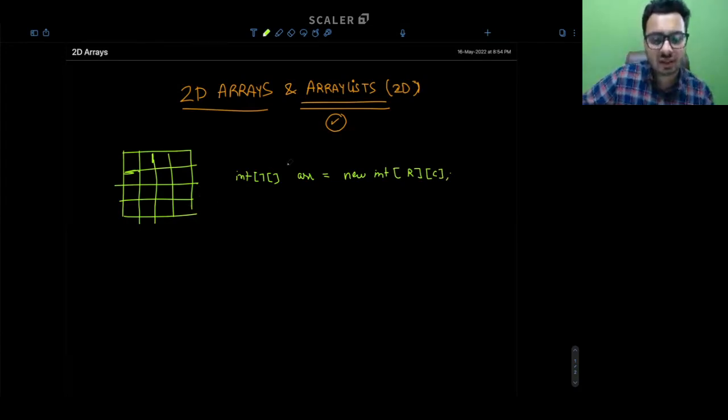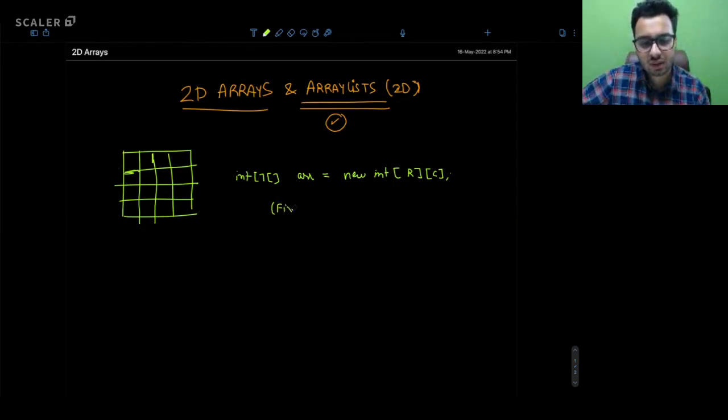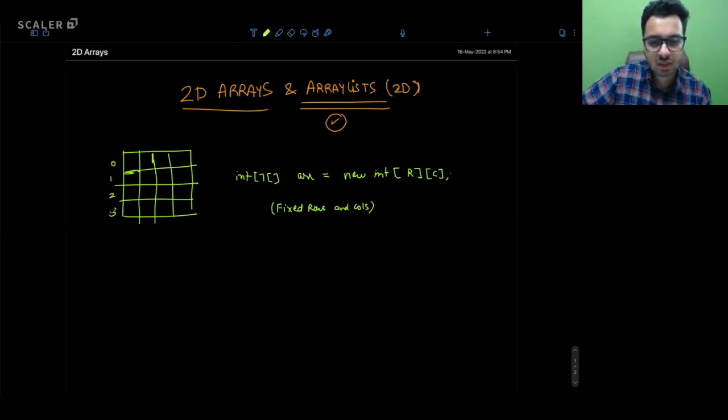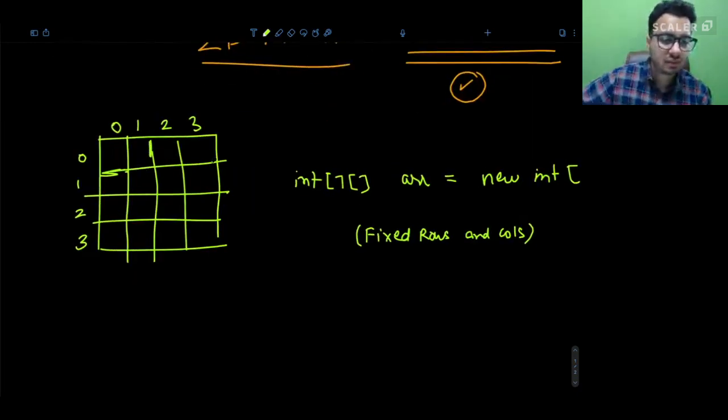We discussed that this kind of 2D array is going to have fixed rows and columns. The row number starts from 0 and goes till r minus 1, and the column number also starts from 0 and goes till the number of columns minus 1. Every cell has an index.